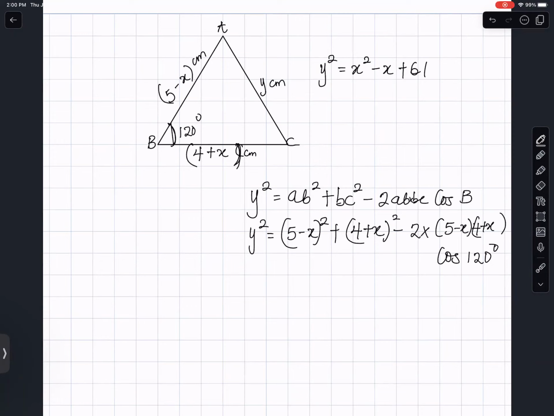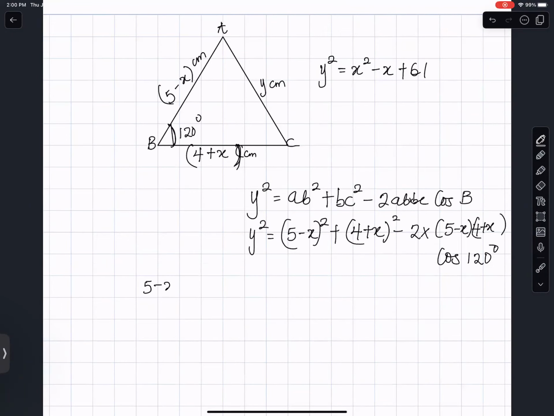We are going to have (5 minus x) squared. Please, we are expanding 5 minus x squared. So I have 5 minus x, 5 minus x. Expansion gives us 5 times 5, that gives us 25.